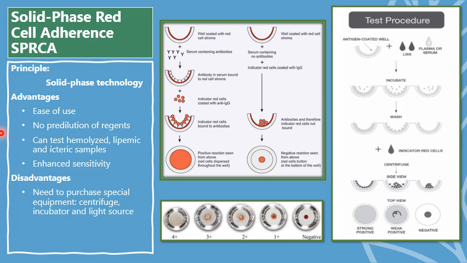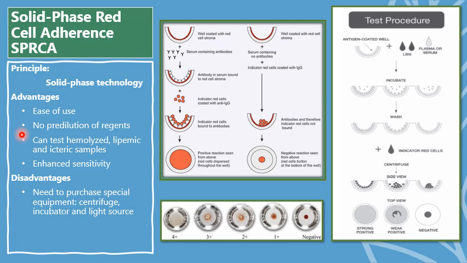The advantages of SPRCA technology is, first, ease of use. It is easy to use because it doesn't need pre-dilution of reagents. Another advantage is that it could process hemolyzed, lipemic, and icteric samples.